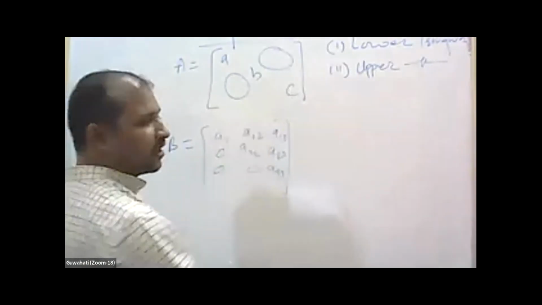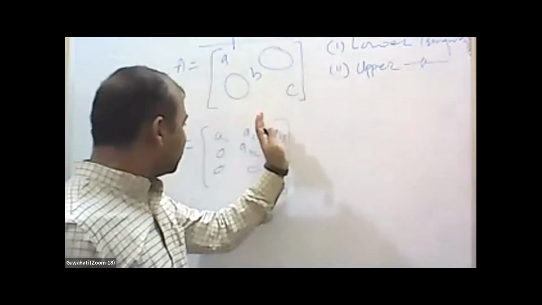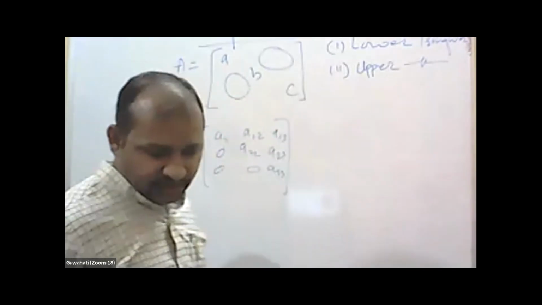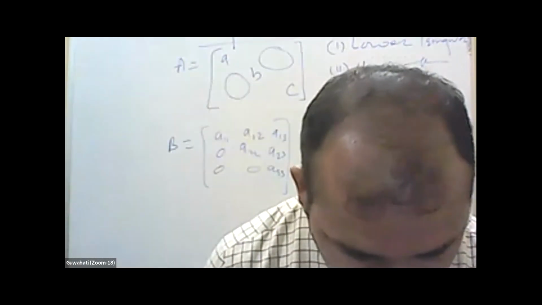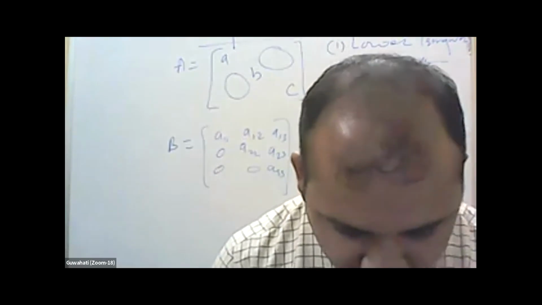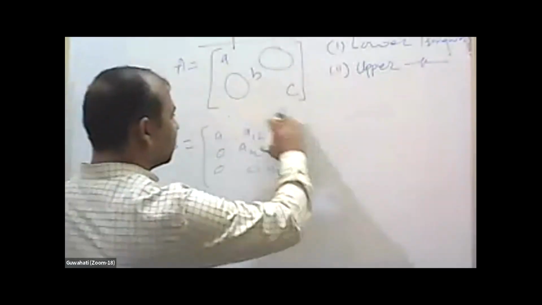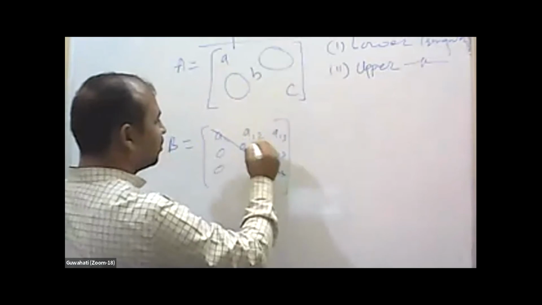If it is upper triangular, I am saying the reverse. Either upper is 0 or lower is 0. This is upper triangular, because above the diagonal the elements should not be 0.